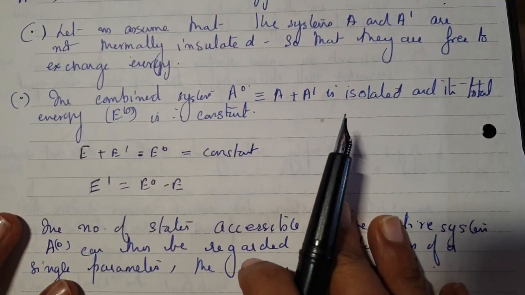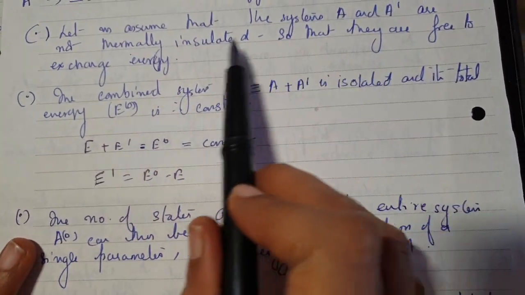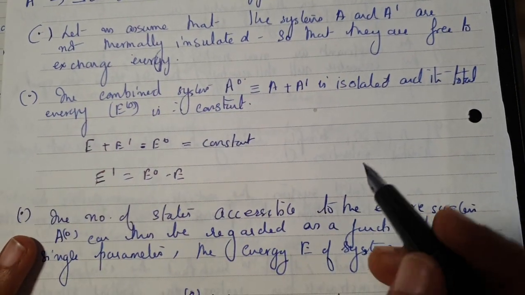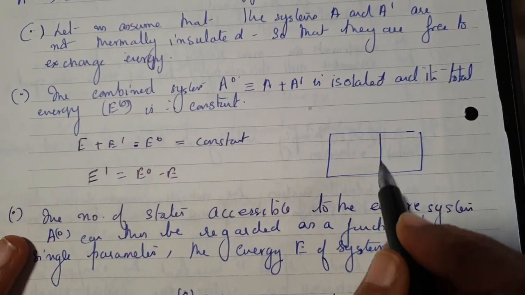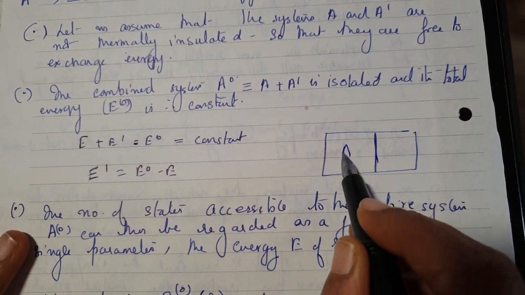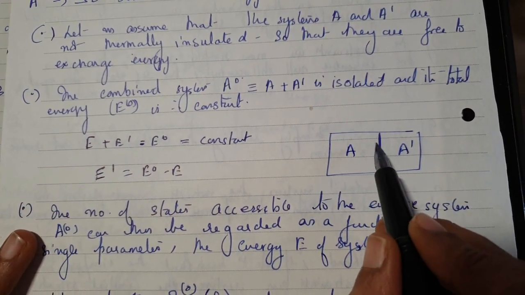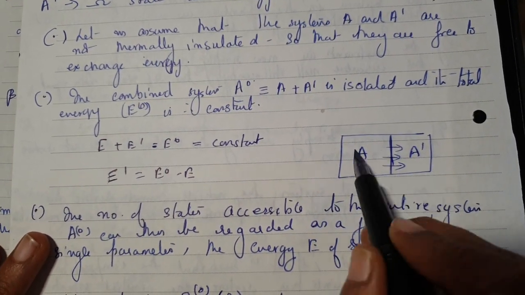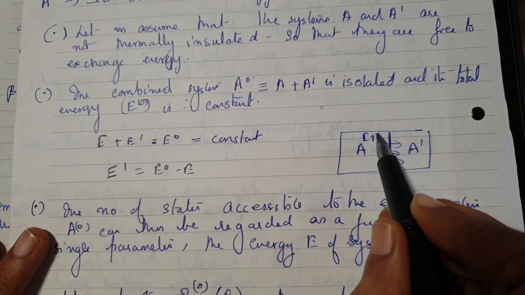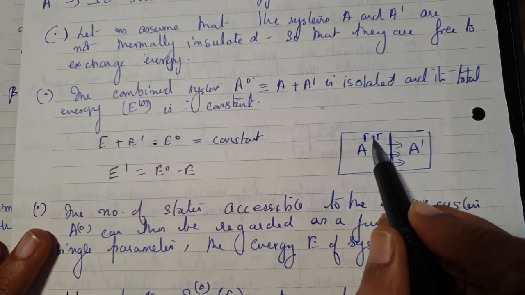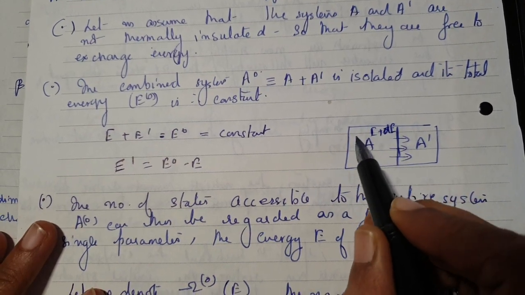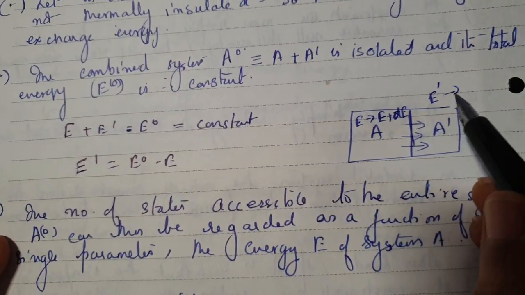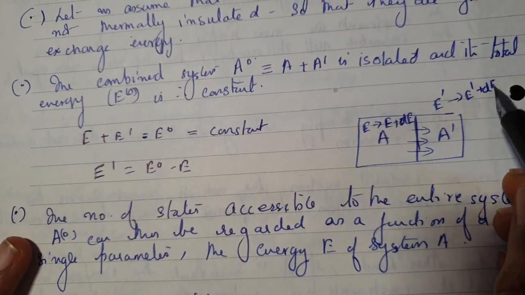Now we are assuming that they are not thermally insulated, so that they are free to exchange energy. It's just like the previous example where I showed you the system separated by a partition, with A and A dash, but they are not thermally insulated. That means energy, that is heat, can be exchanged. This has E to E plus dE, and this has E dash to E dash plus dE dash.